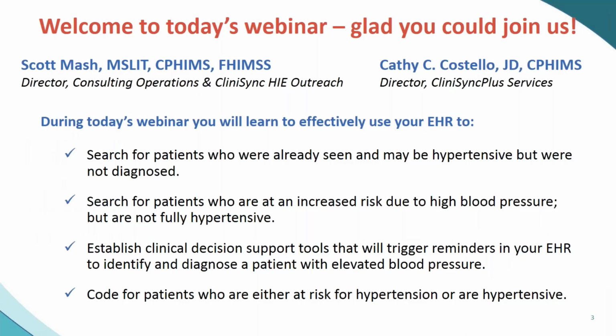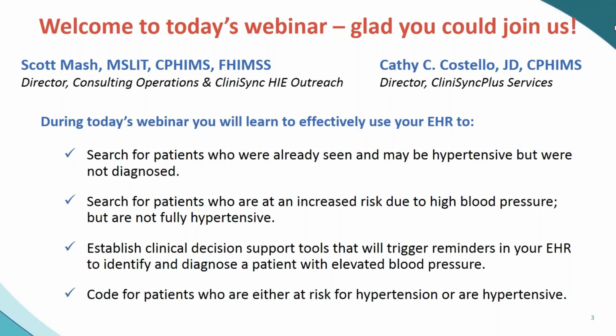Thanks, Scott. Hi, everyone. Thanks so much for joining us. We've got a lot of information for you today around hypertension, how to diagnose it, how to find it in your electronic health record system, how to go back and search for patients that may not have been correctly identified, and how to put in clinical decision support tools and triggers to remind you of work that needs to be done with patients with hypertension.